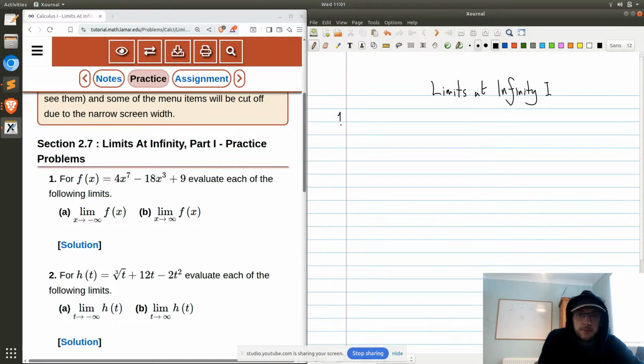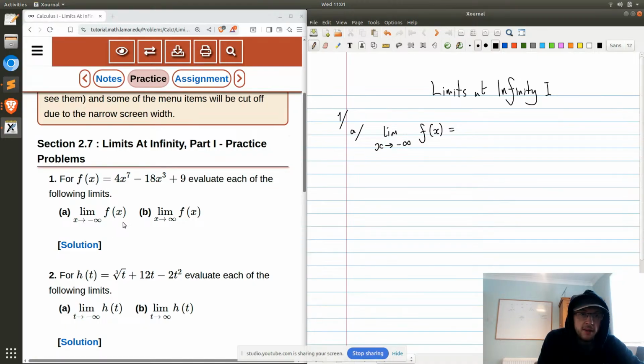Now, how would I evaluate this limit? The limit as x approaches negative infinity of that 7th degree polynomial right there.